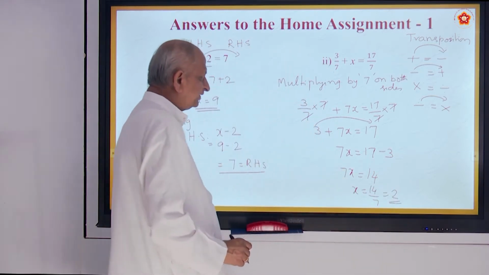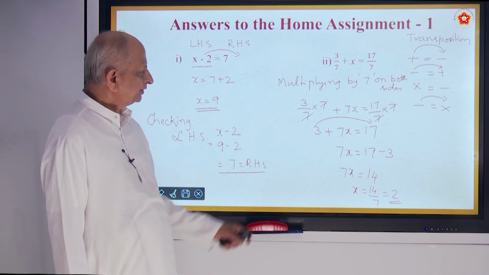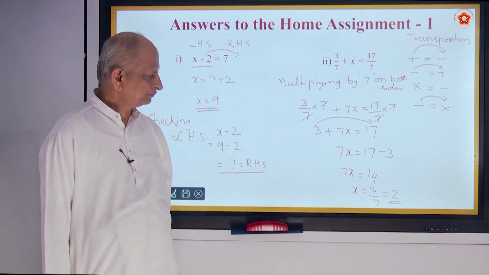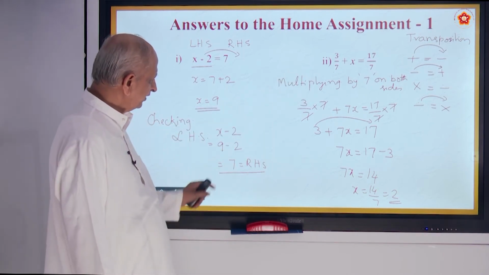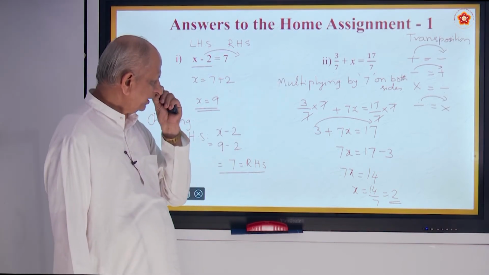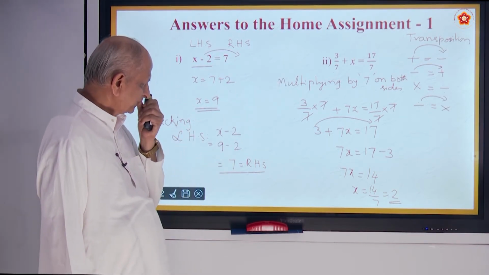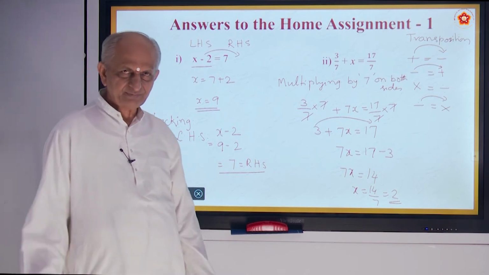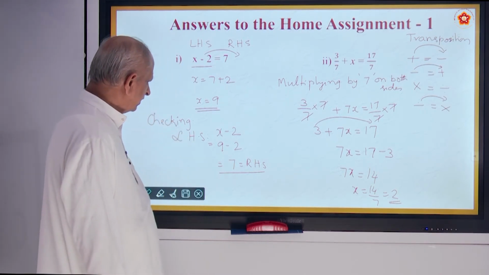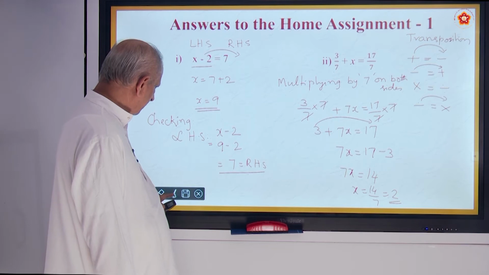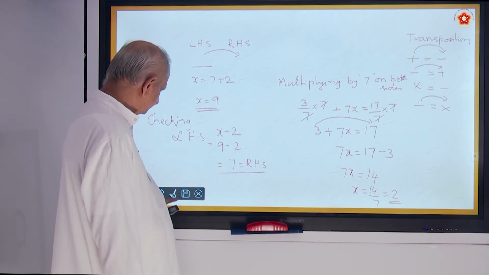So, for value of x is equal to 2, this result holds good. Okay. Same way you can check there by putting that value of 2 there. Okay. Will you do it yourself? Okay. Now, we will pass on to next problem. Taken down? Okay.